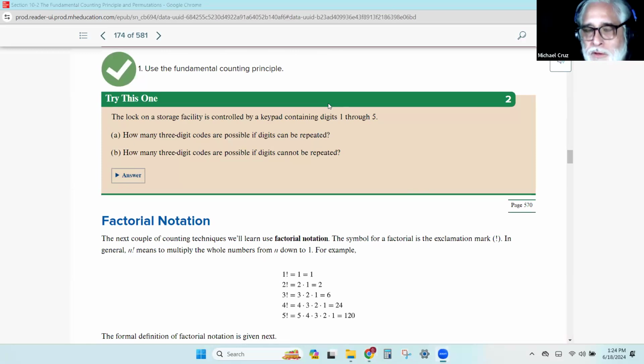I think we already did this one, but you've got 5 digits, and 3-digit codes that can be repeated. We're going to just make 3 spots.